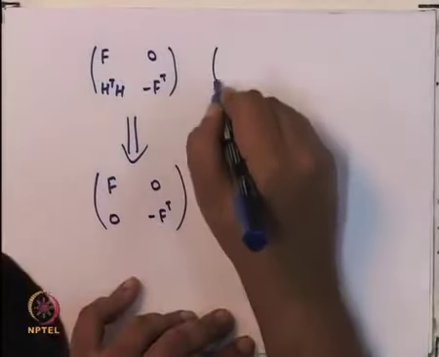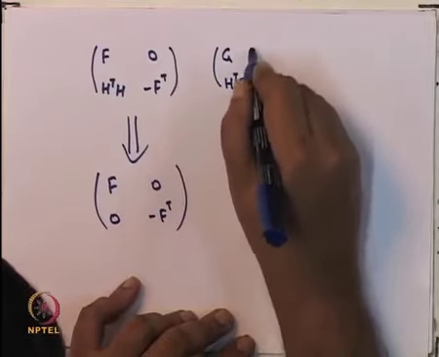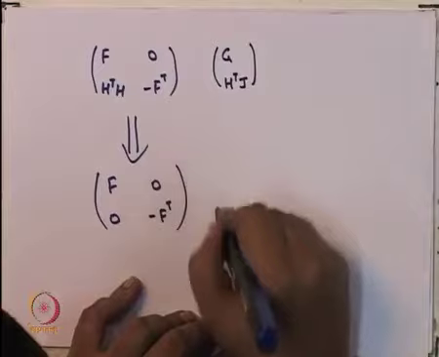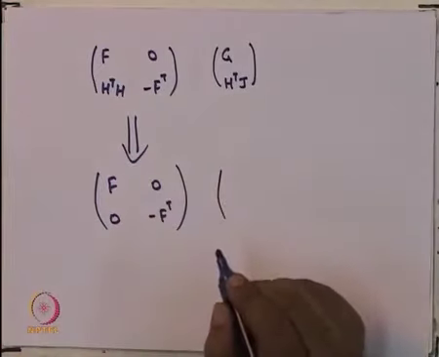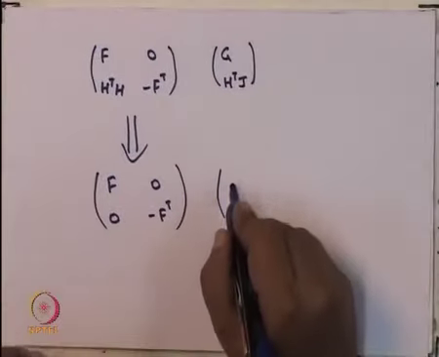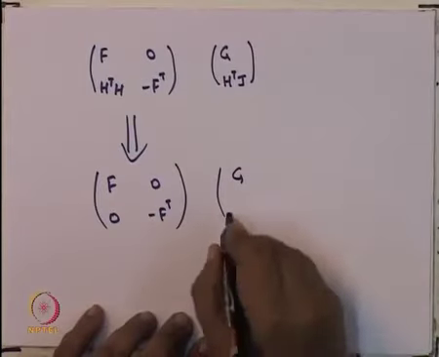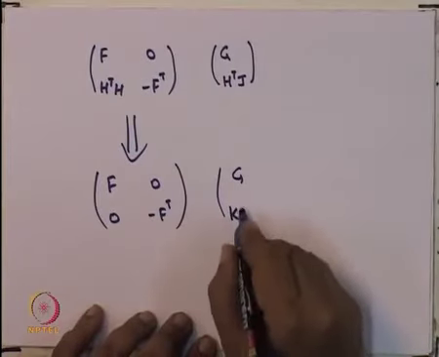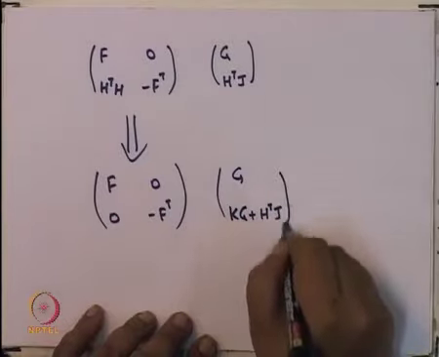Then you had the input matrix as [G; H transpose J], and under this similarity transform, this will continue to be G, and here you will have K G plus H transpose J.